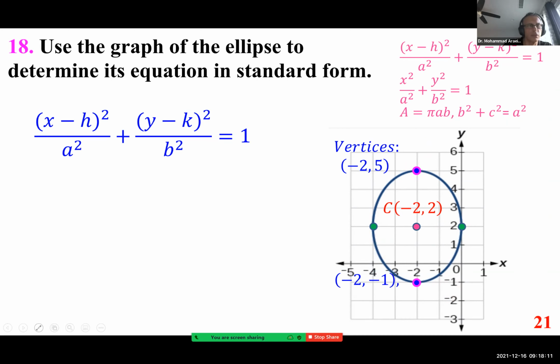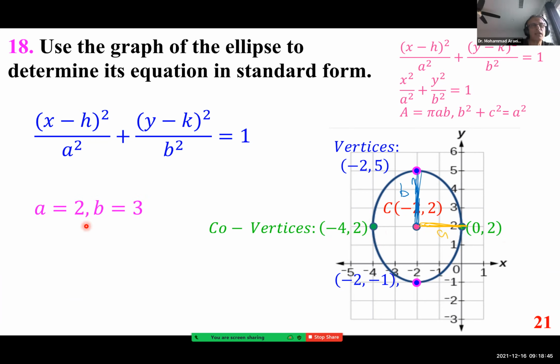Again, let's just actually do this. So this distance is A. Let's use a different color. This distance is B. Those are the co-vertices, by the way. We have the locations -4, 2 and 0, 2. We read it from the graph.